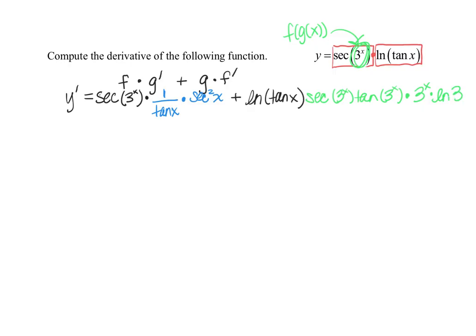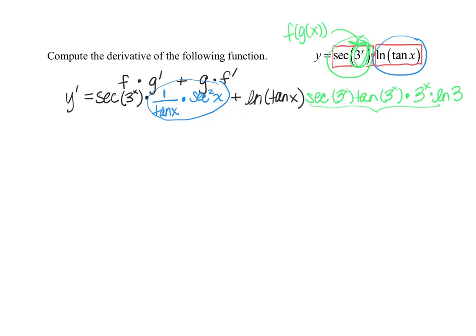So everything that I have in green here is the derivative of secant of 3 to the x. And again, everything that I have in blue here was the derivative of natural log of tangent of x. So this is a big monster product rule problem, but it also has 2 chain rules in it.